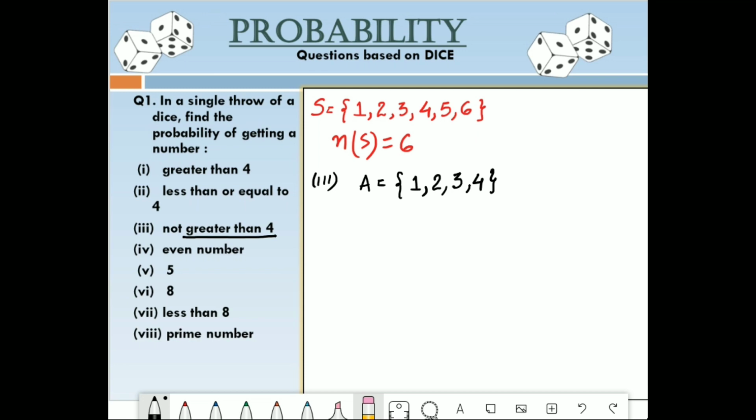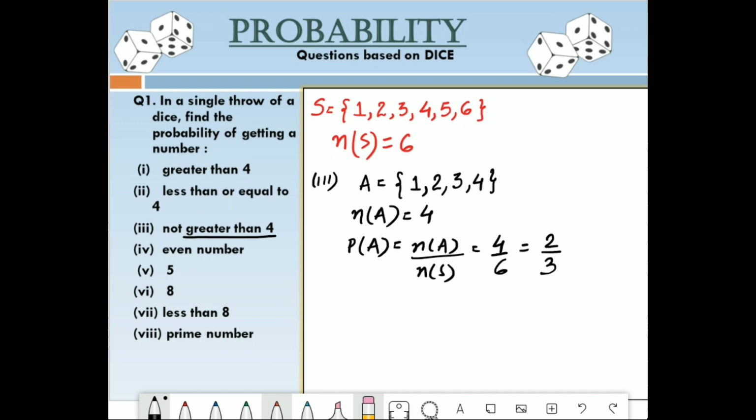That means you can take 4 or less. So the number of favorable cases is 4, and the probability in this case is equal to n of A upon n of S, 4 divided by 6, and we need to simplify this, so 2 by 3 is the final answer.